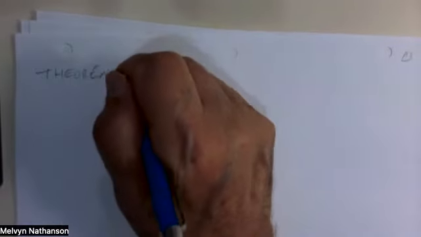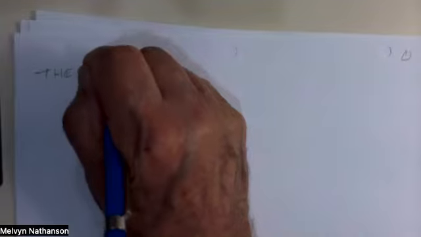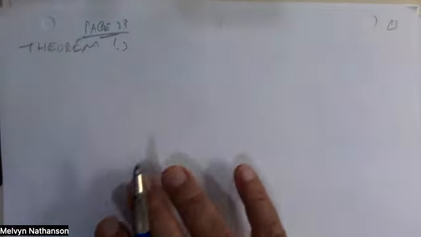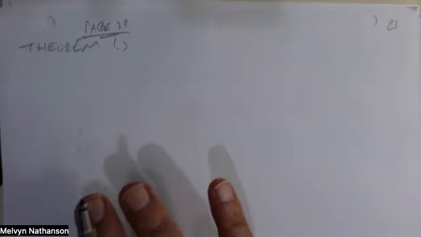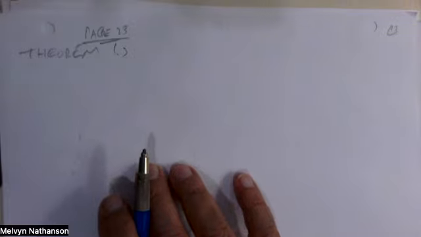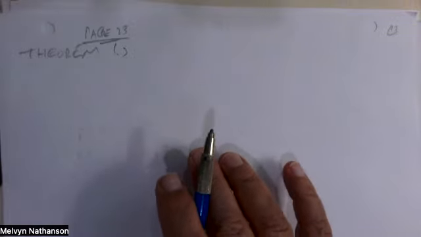Theorem 1.3. This is on page 23. So what you're supposed to be studying really is the text, right? The text is the course. And the lectures are lectures on the text, but the text is what's important. That's what you have to know.